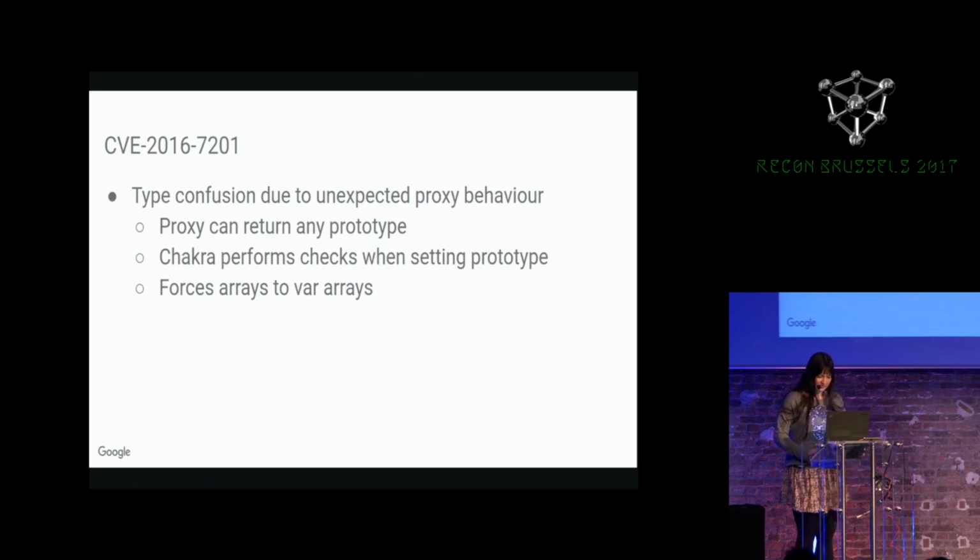And this is unfortunate because in Chakra, and actually most engines I've looked at, they perform a check when setting a prototype. It can be certain things, it can't be certain things, and even more, sometimes you want to do things to the object to make it perform better as a prototype, make it a certain type, remove certain optimizations, that sort of thing. And this doesn't happen if you have a proxy giving back the prototype.